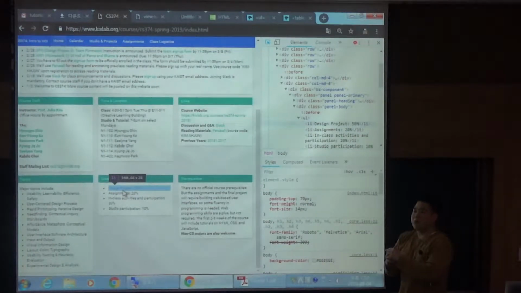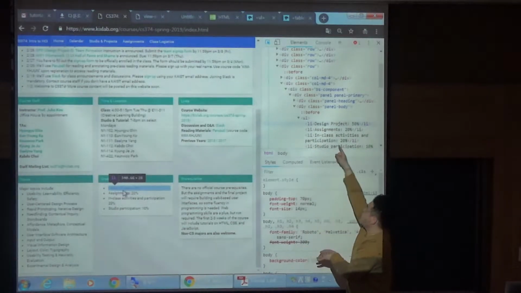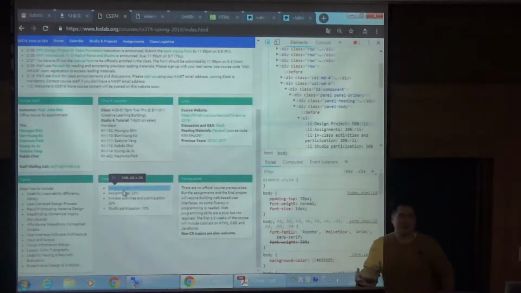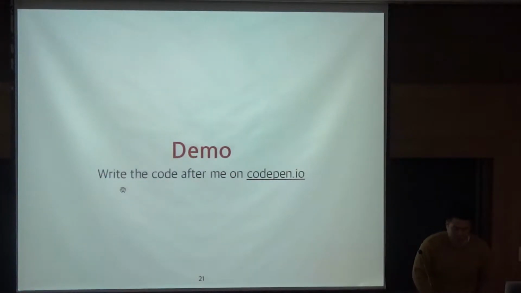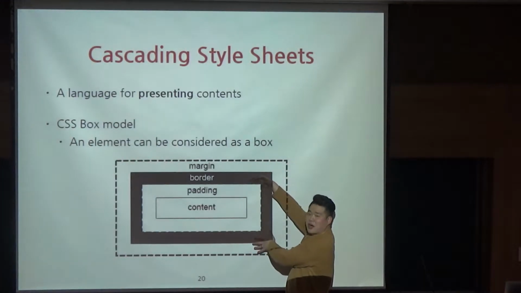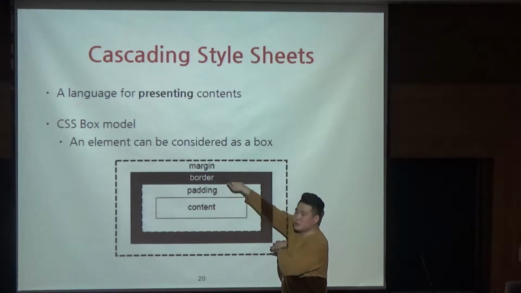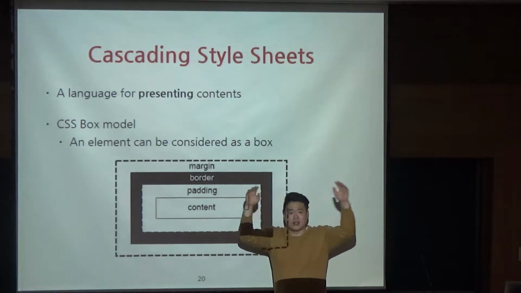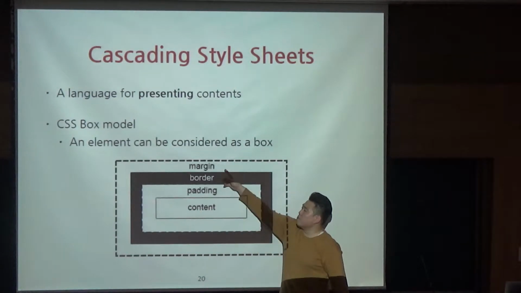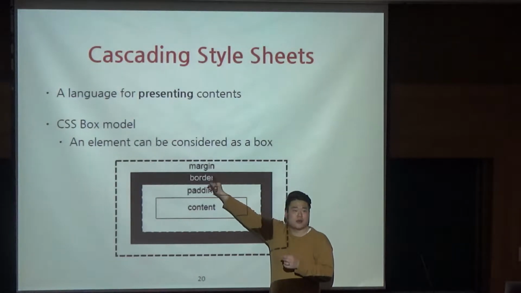So this is one thing you should remember about how to present something. The web browser deals with all the text as boxes. Does it make sense? So this is a box, and there is something called margin, padding, content, and border. Here the border is literally the border of the box, and on the outside of the border, we have the margin. We already specified the margin of the table, right?